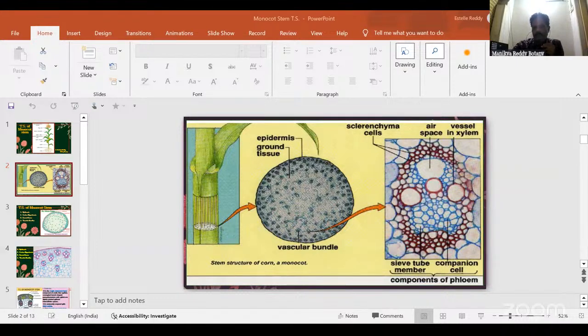If you take a close look, the vascular bundle appears like this.